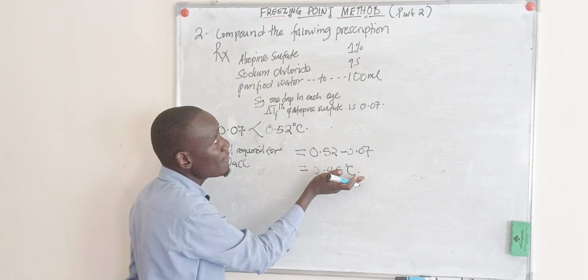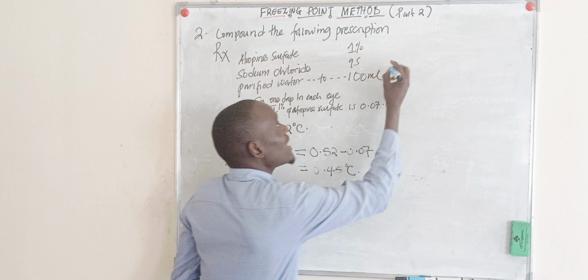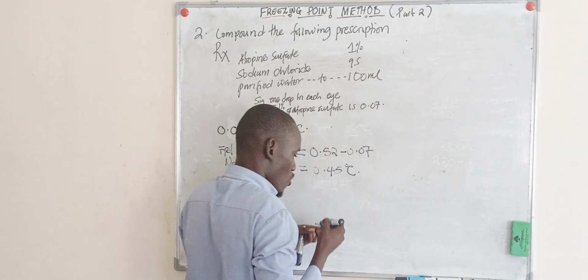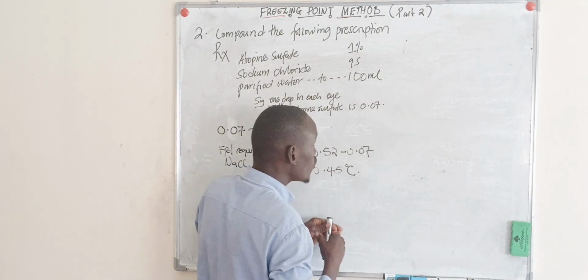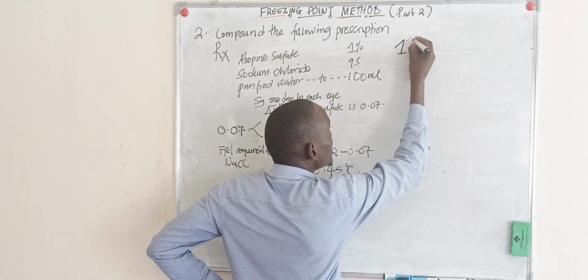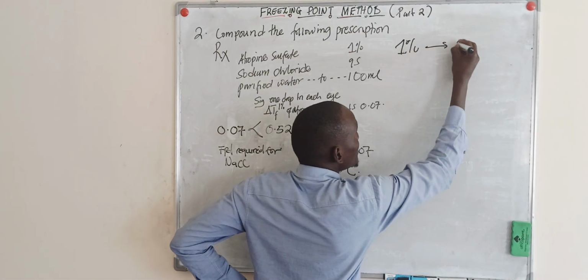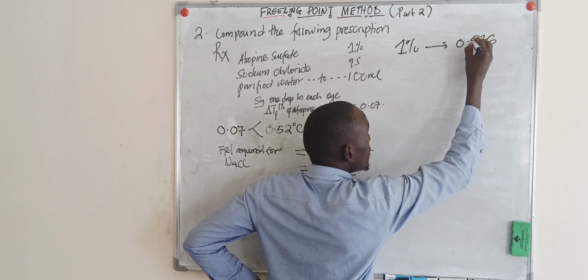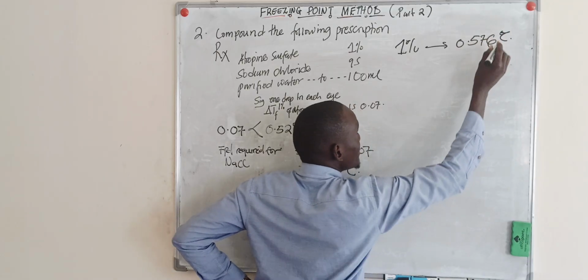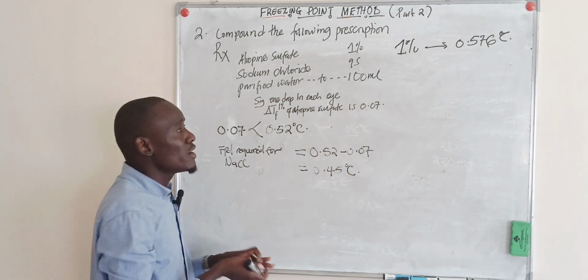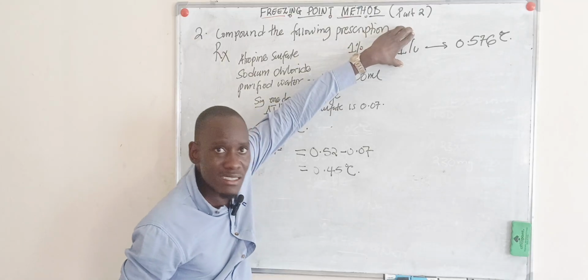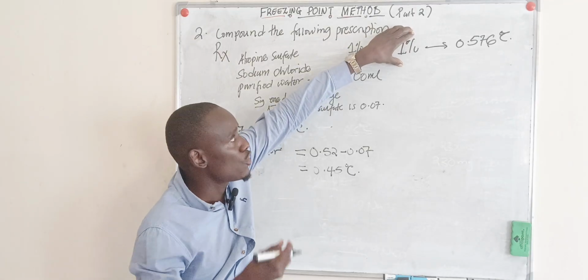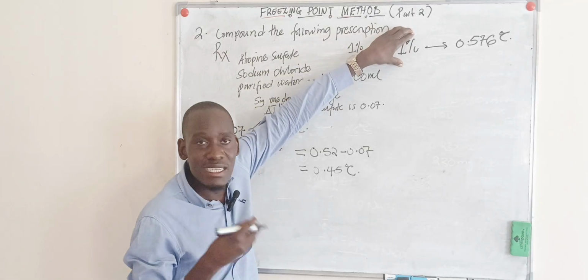So from here we are well aware that the freezing point depression of a 1% solution of sodium chloride is 0.576 degrees C. So from first principle, what we need to know first is the percentage of sodium chloride that is required.